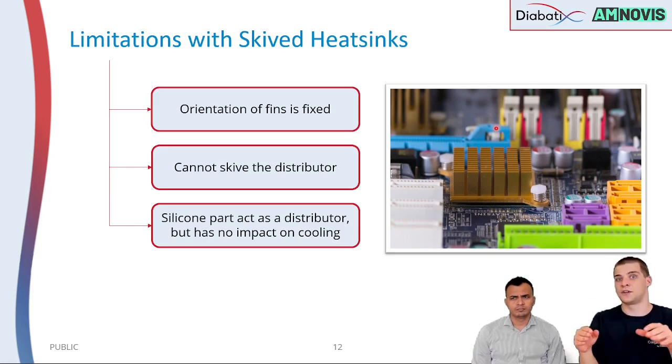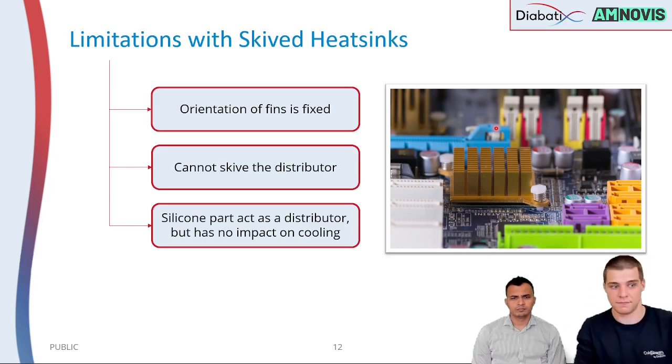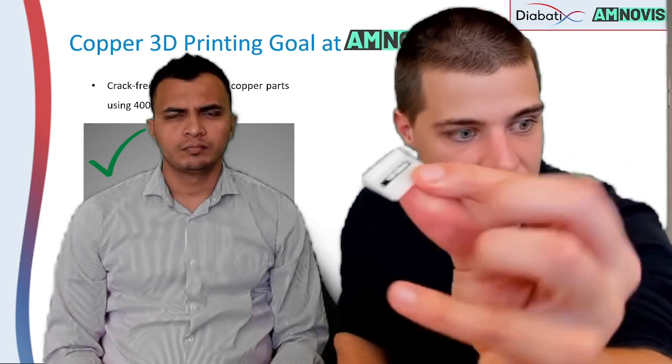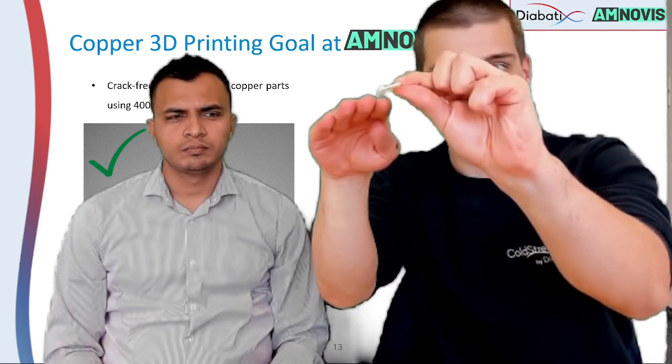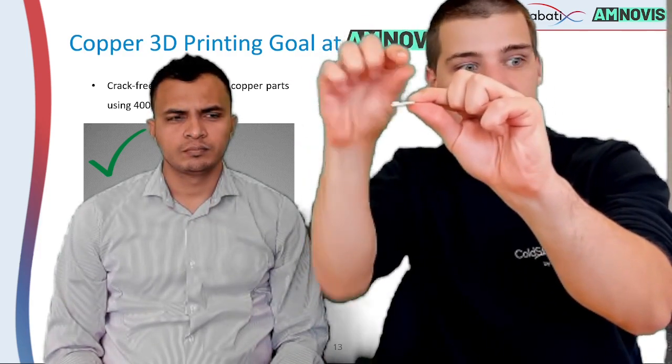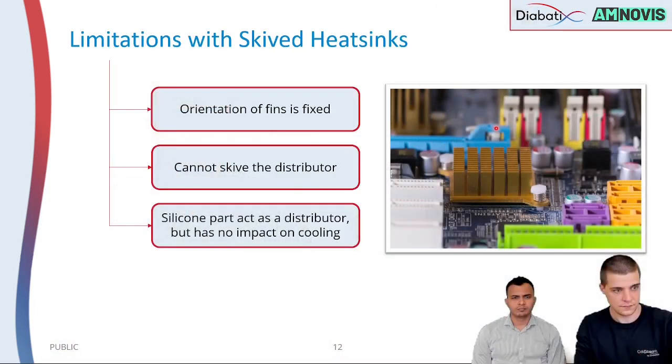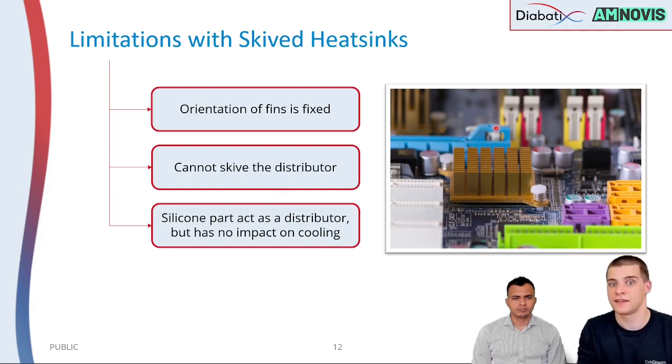And you need a silicon part like this one. This will sit between the skived fins at the bottom and the inlet at the top. And this is made out of silicon because it's easy to make, and of course, it has no positive impact on cooling. Quite the opposite, it acts as a bit of a thermal insulator.